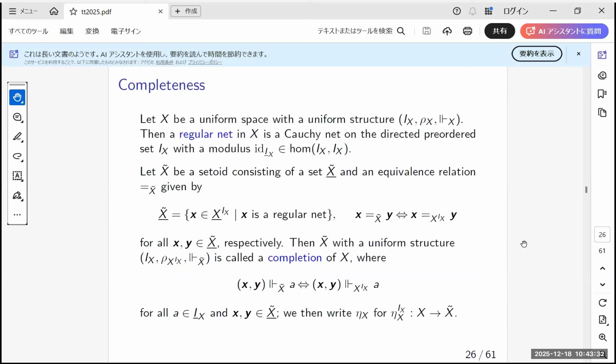And also, we can make X tilde a uniform space by defining the forcing relation induced by the net space as follows. And we write just eta X for eta X I_X.